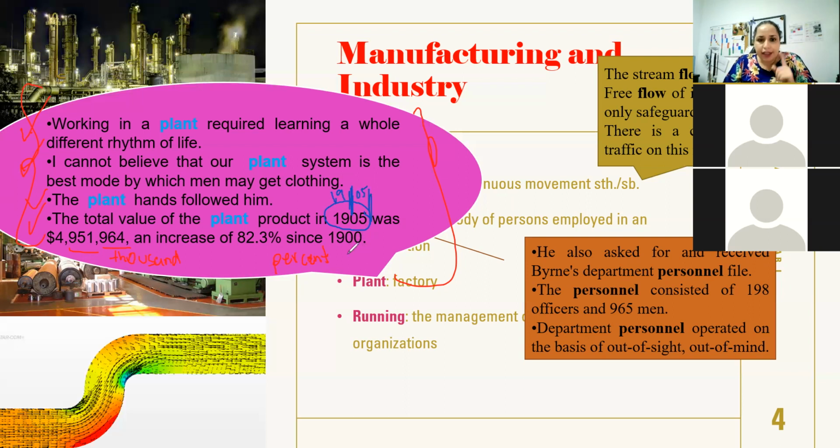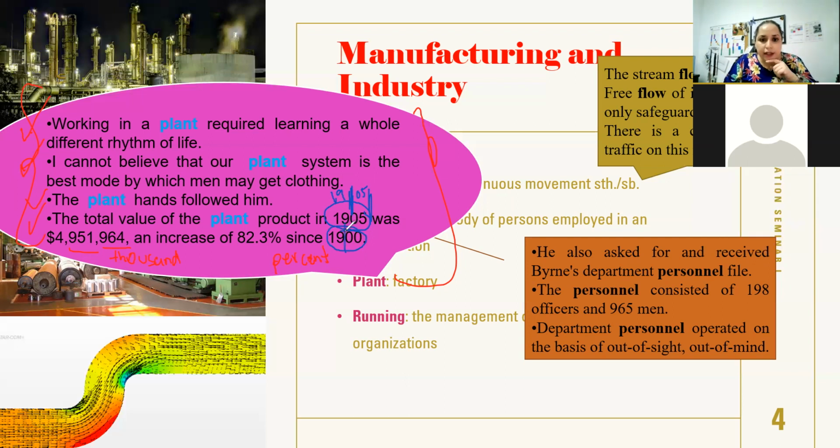And when you have a century that is being cut, you say nineteen hundred and you're referring to a date. If you want to say the number 1900, you say one thousand nine hundred.